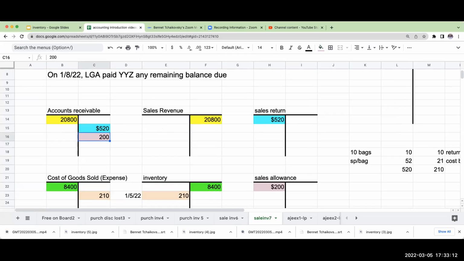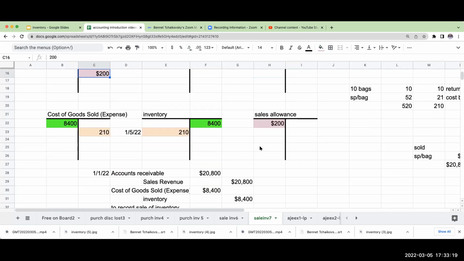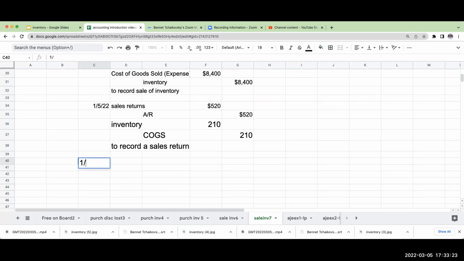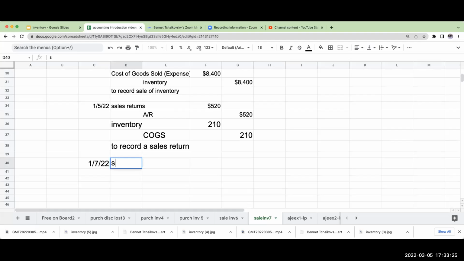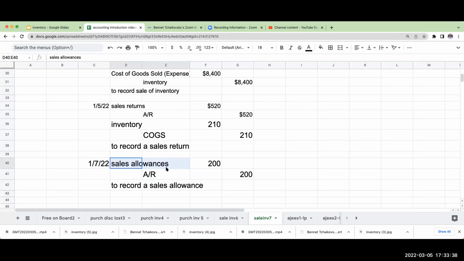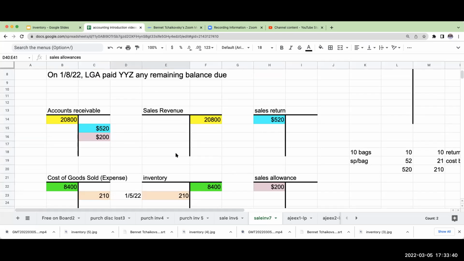Notice I'm not doing anything with the inventory because with a sales allowance, they're keeping the inventory. I'm just telling them they don't have to pay as much. So on 1/7/22, I'm going to debit sales allowances and credit accounts receivable. This is to record a sales allowance. Again, same format every single time.